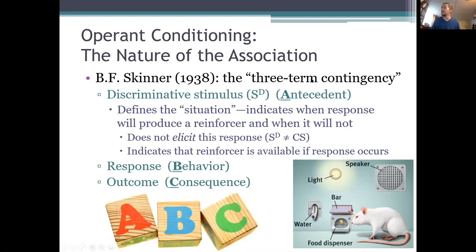So antecedent, behavior, consequence. That's the ABC association in operant conditioning. Again, A plus B equals C. If the antecedent occurs, if that discriminative stimulus is present, and if the behavior also occurs, then the consequence occurs. Okay?